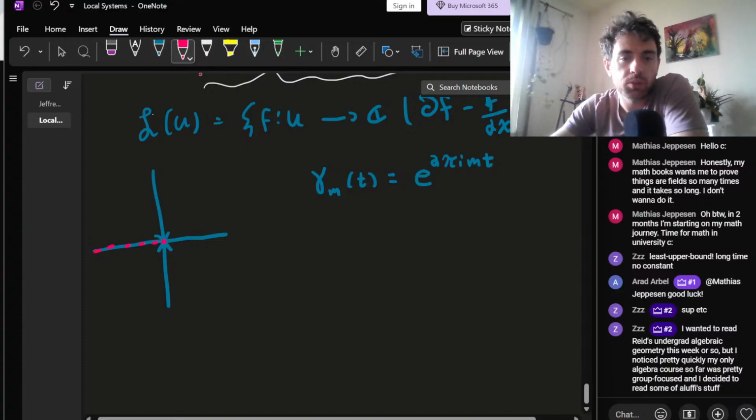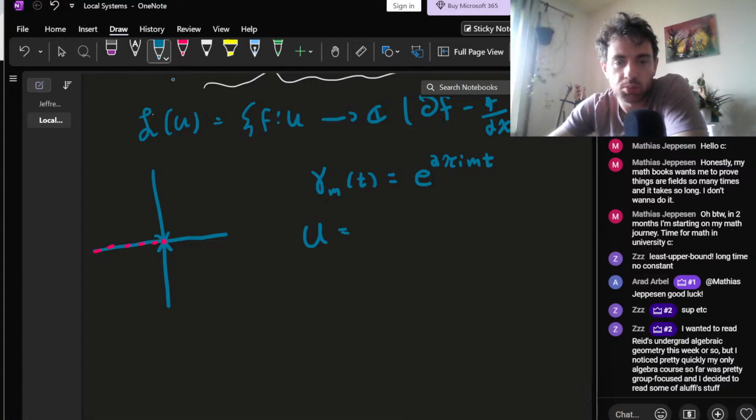Okay, so we're going to take 2 open sets. We'll take the open set U to be minus r less than or equal to 0, and we'll take V to be r greater than or equal to 0.